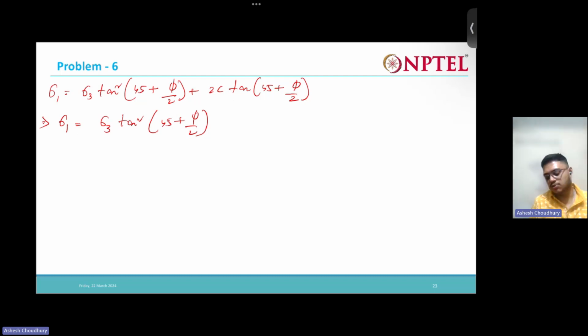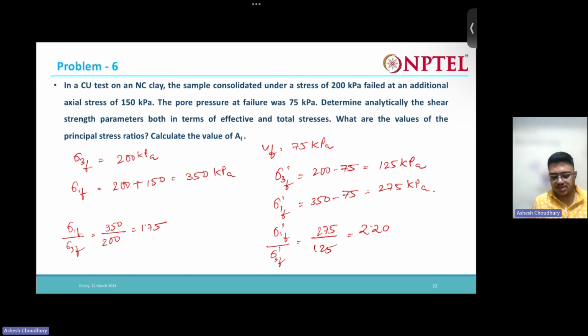The answer is in the question. It is given that this is a CU test on an NC clay. So you should remember, for a normally consolidated clay, the c is always 0 in a CU test. If you recall whatever was taught in the previous class, you will remember that for an NC clay, c is equal to 0. That's why we put c equal to 0.